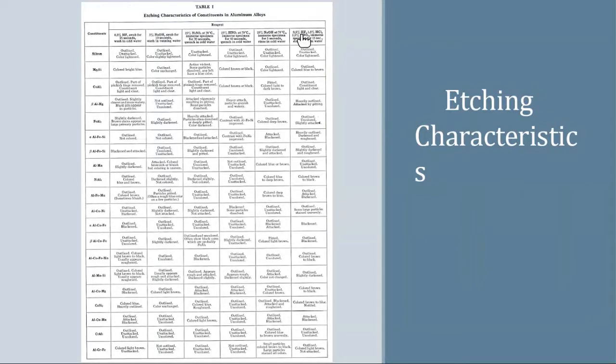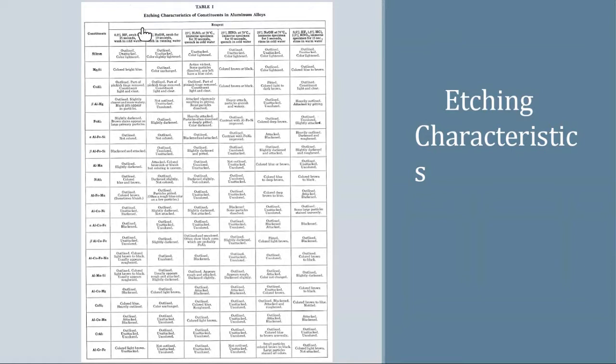So depending on your reagent that you use, this last one over here on the end is known as Keller's. This is one of the most common etchants to use for aluminum. Cast aluminum is much easier to etch than wrought aluminum.